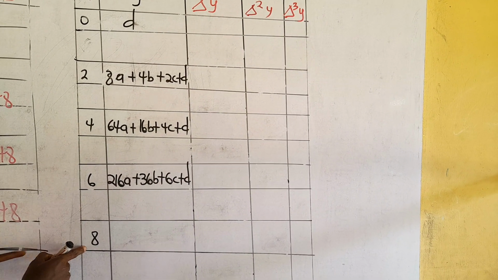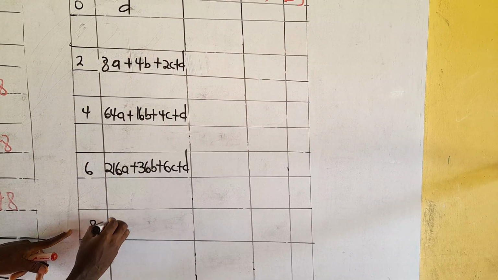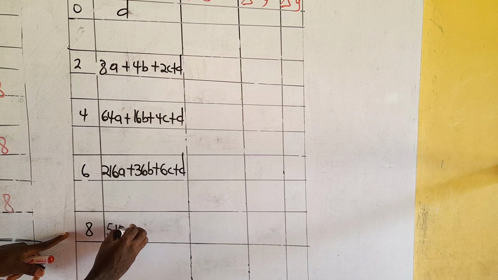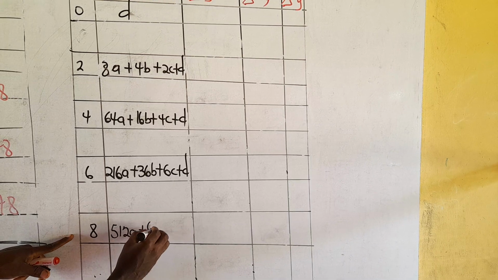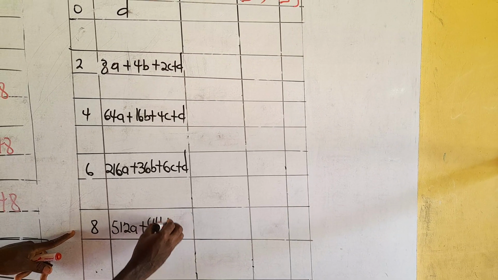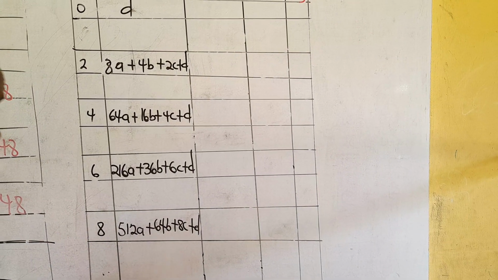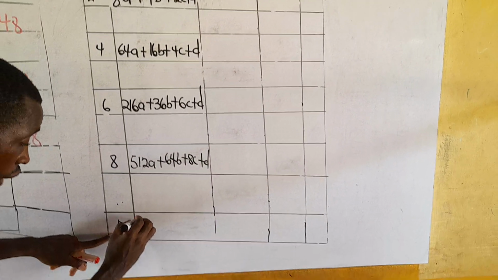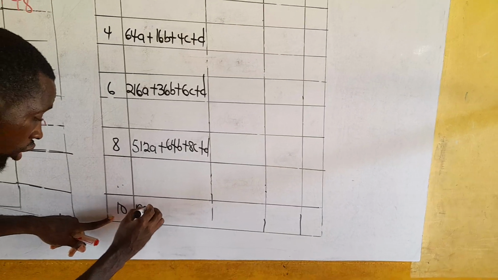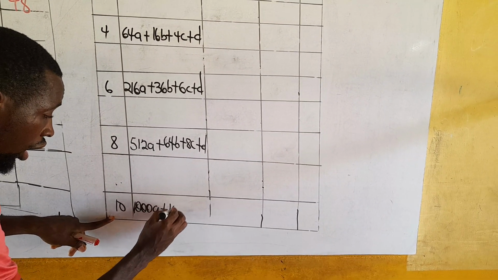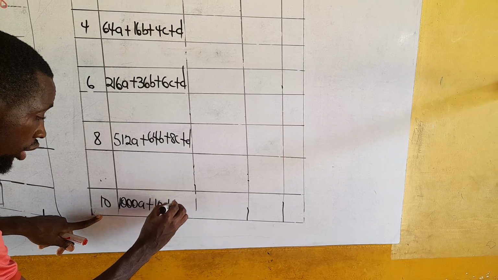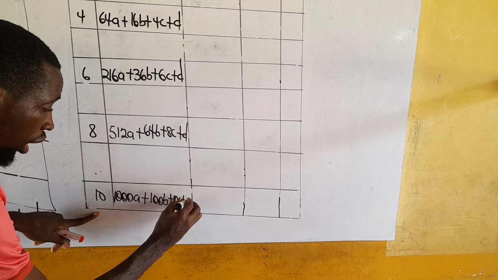We substitute 8. 8 cubed is 512, so 512a plus 8 squared is 64, so 64b plus 8c, then plus d. We substitute the 10. 10 cubed is 1000, so 1000a. 10 squared is 100b, then plus 10c, then plus d.